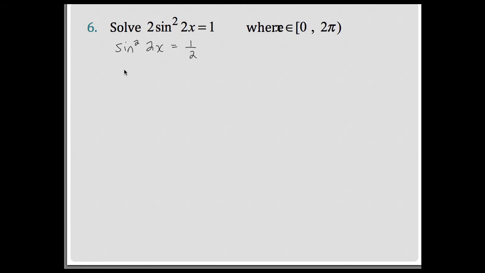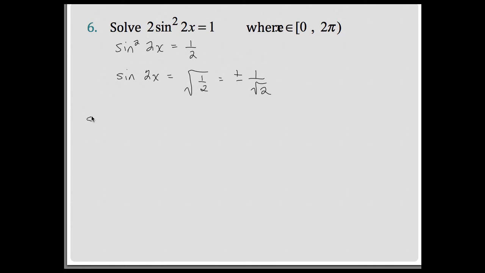Next, we're going to take the square root of both sides. When we take the square root of 1/2, again, we do have to consider both the positive and negative root. And once again, we sort of had two problems to solve.